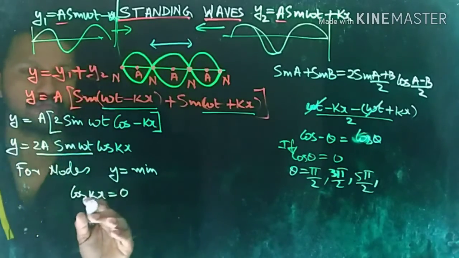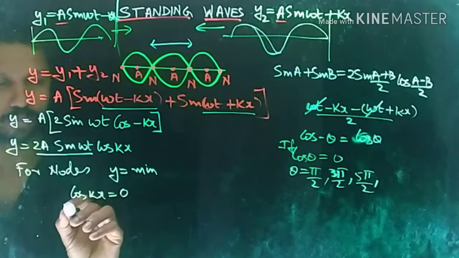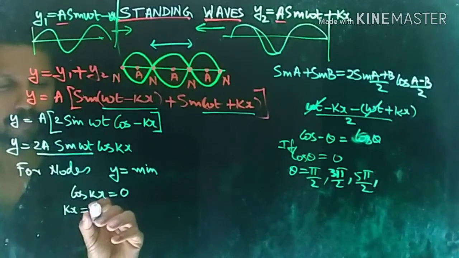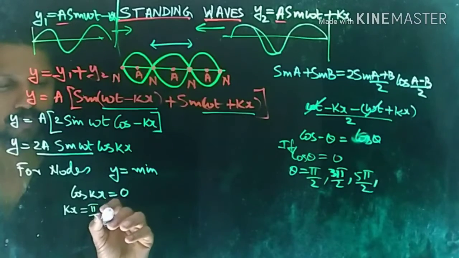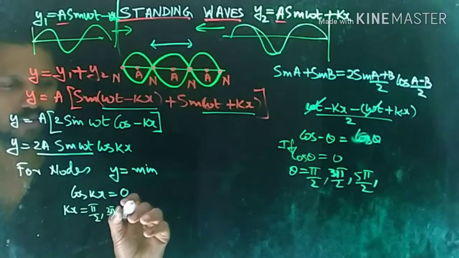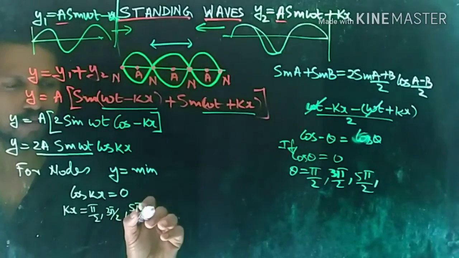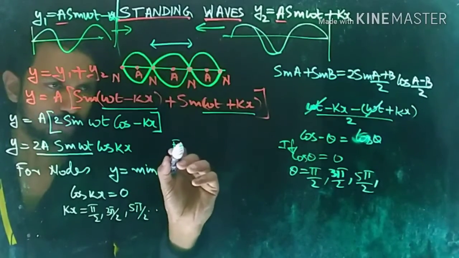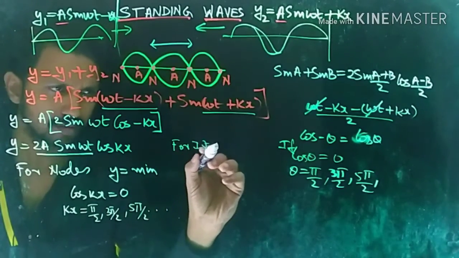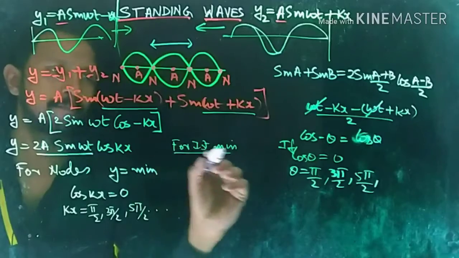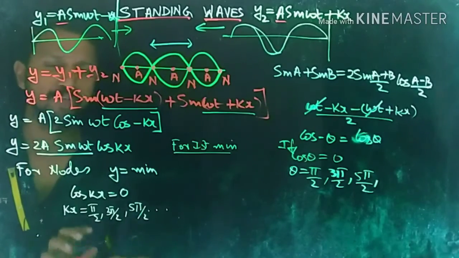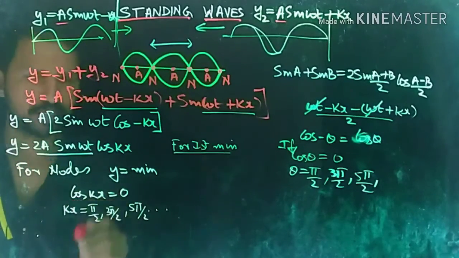Therefore, if cos kx is equal to 0, kx should be pi by 2, 3 pi by 2, 5 pi by 2, etc. For the first minimum, we should substitute the kx value as pi by 2.